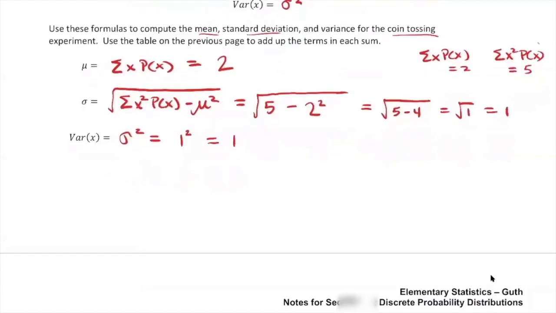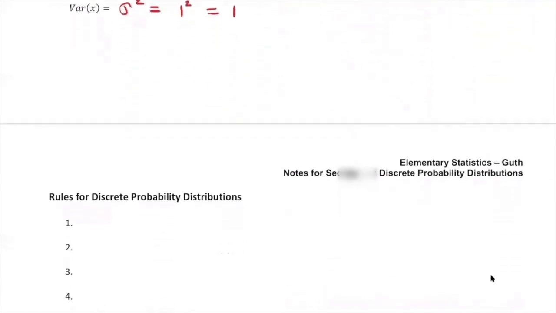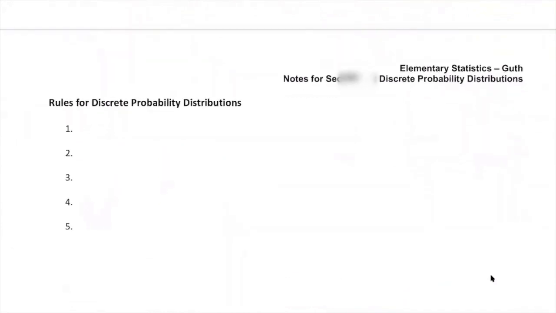Okay, so going back to the next page, I just want to summarize what we've got here. The first thing is that the probability of X is always between 0 and 1. This is just a summary of everything for this lesson.